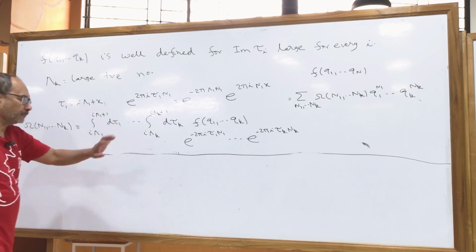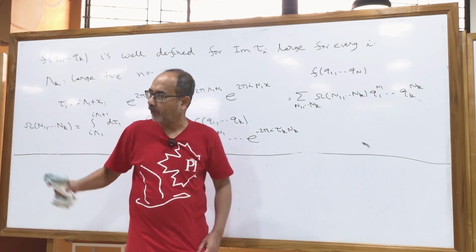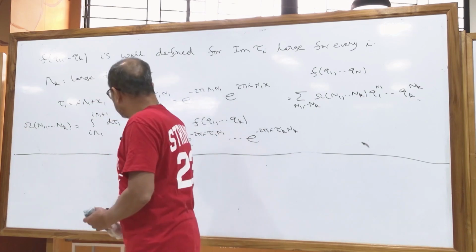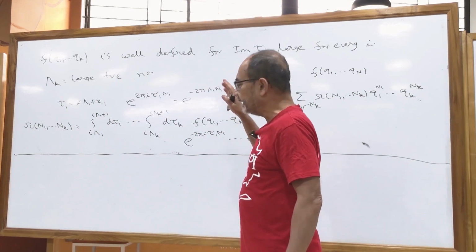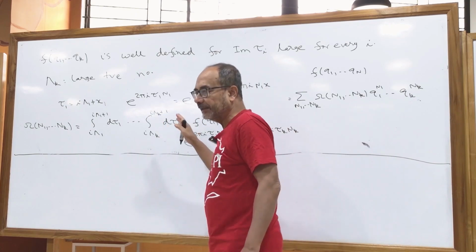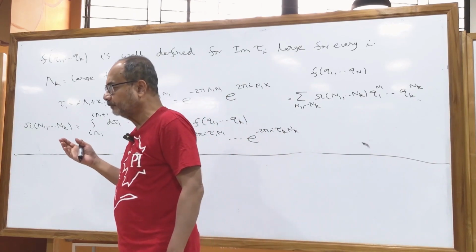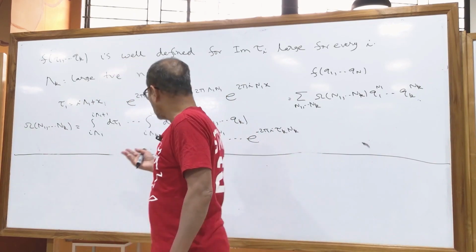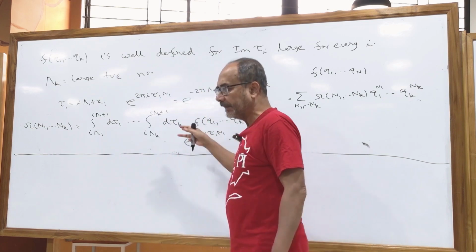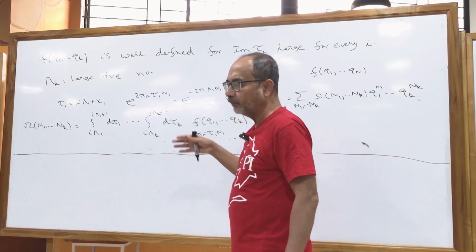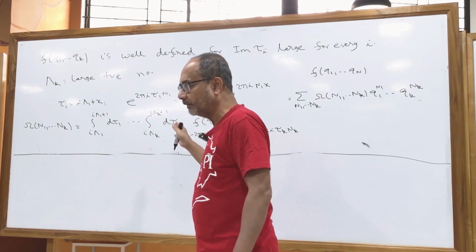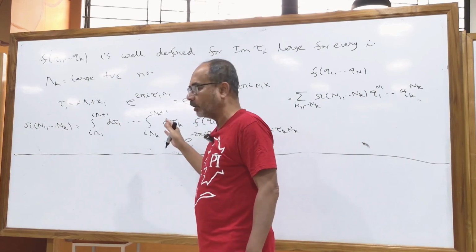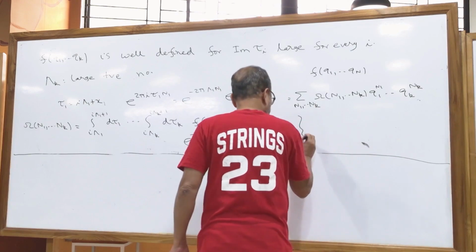This is still not enough. This is just rewriting the original formula. But what one can show is that once you have written this as an integral, you can evaluate this integral using the saddle point approximation. That relies on knowing the properties of f. This function f often has nice properties that allow you to evaluate this integral, at least for large n, using the saddle point method.